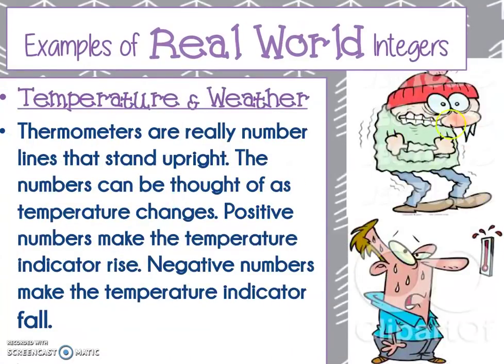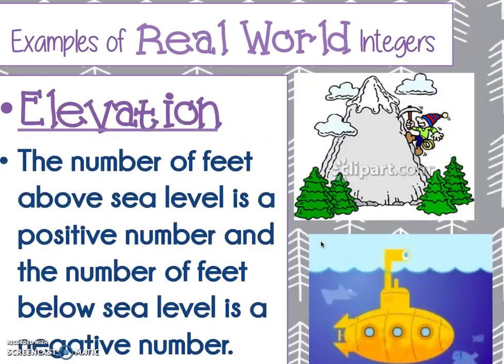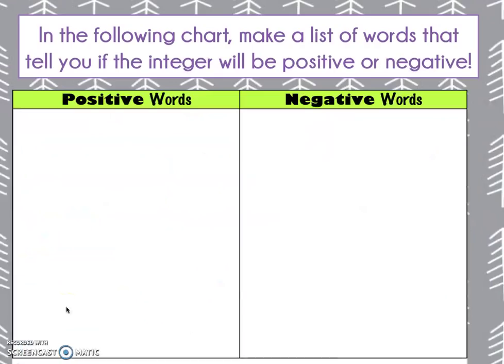Temperatures, if it's really cold outside and our temperature is below 0, those are negative temperatures. And if it's really hot outside, we have positive temperatures that indicate how far above 0 it is. Elevation, if we're talking about above sea level, those are positive numbers. Below sea level, those are negative numbers.